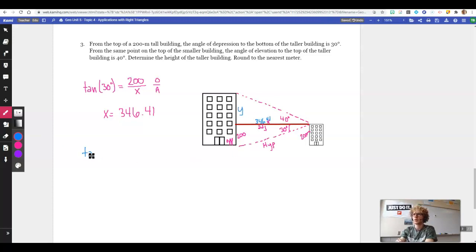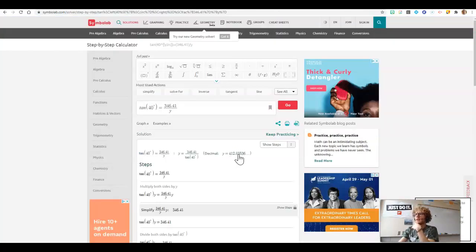So tangent of 40, again, we have our opposite and adjacent, that's tangent. So tangent of 40 equals y over 346.41. So we plug that in and we get 412.84.